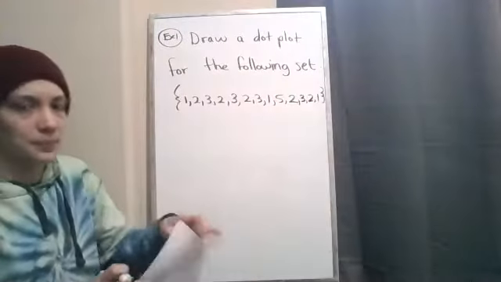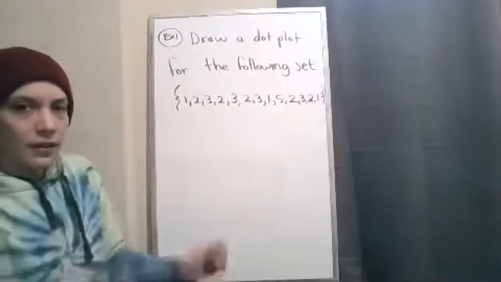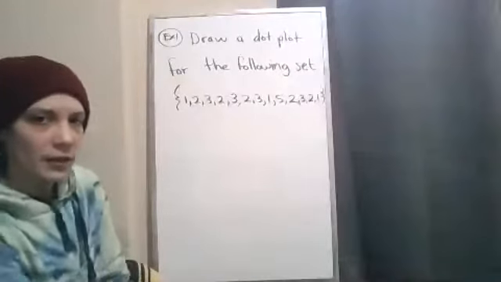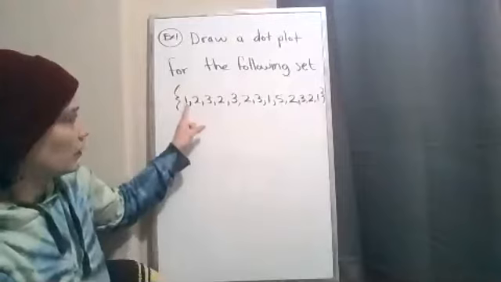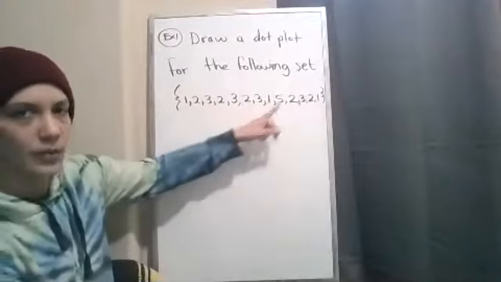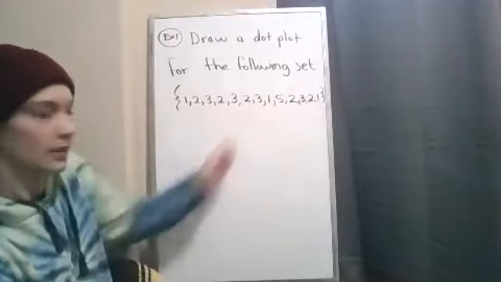And then close the set. So the values of the variable that we want on our number line are 1, 2, 3. We're going to place 4 there, and then also 5.